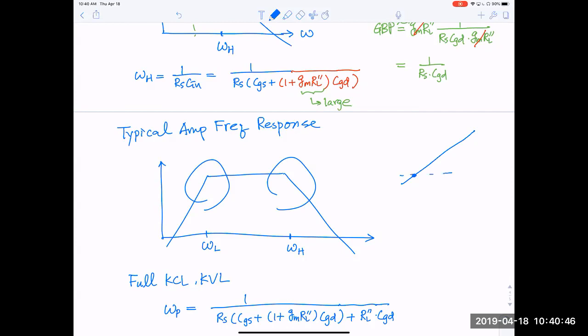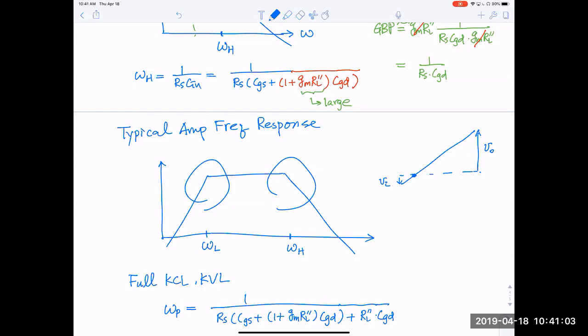This is your VI, this is your VO. As you change VI a little bit, your VO changes a lot.